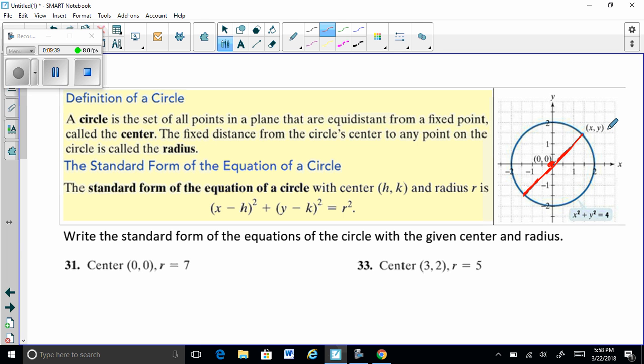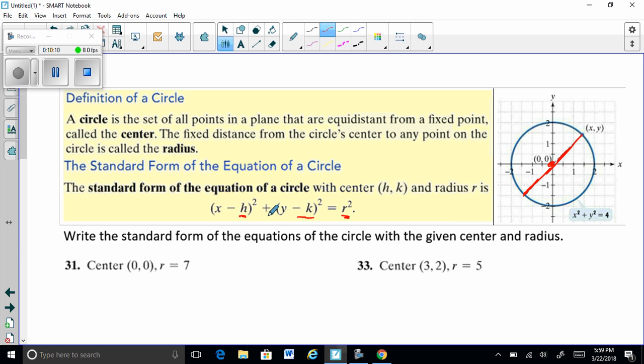So basically the definition of a circle is you've got a point and then all the points around it are equal distance. So all these points going around are equal distance from the center. And so this is the formula for a circle. This is the standard equation. So x minus h plus y minus k, both of those being squared, and then equals the radius squared.